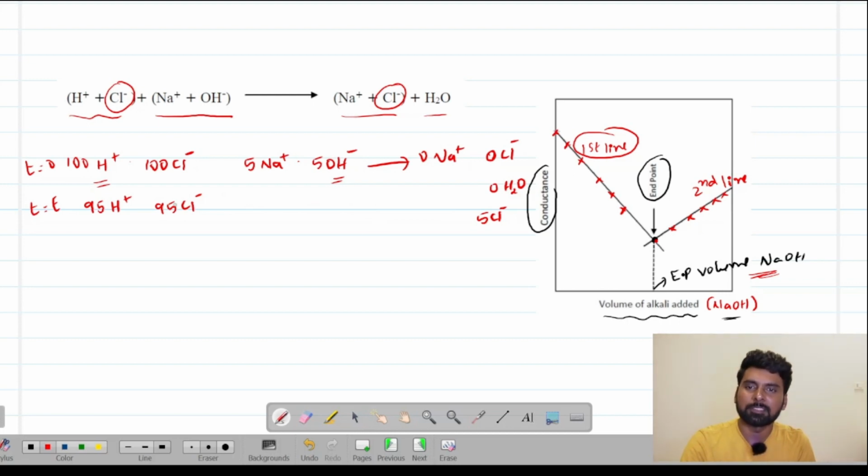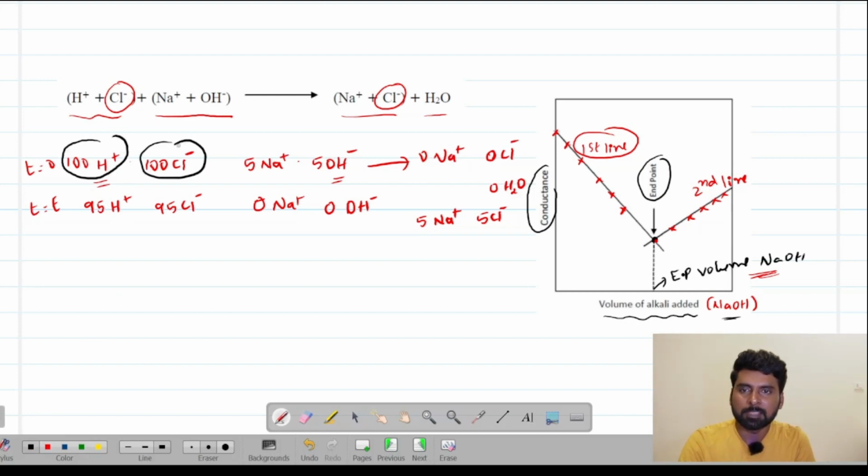They are always Cl minus. But for the 5 Na plus ions, if they reacted and formed NaCl, in NaCl also the individual ions exist, Na plus and 5 Cl minus ions. And here OH minus ions cannot exist.